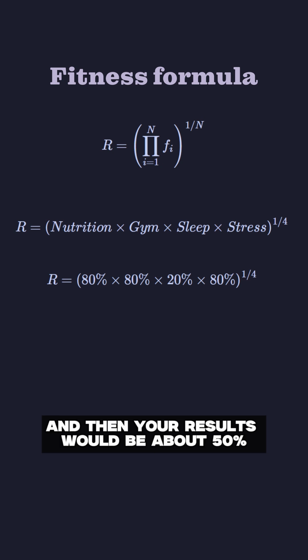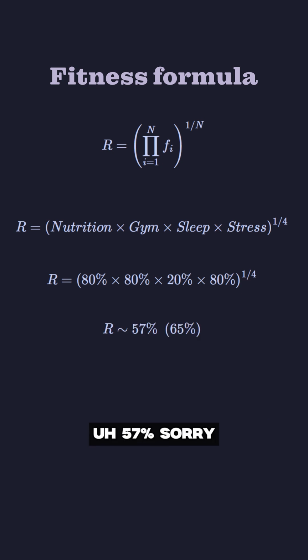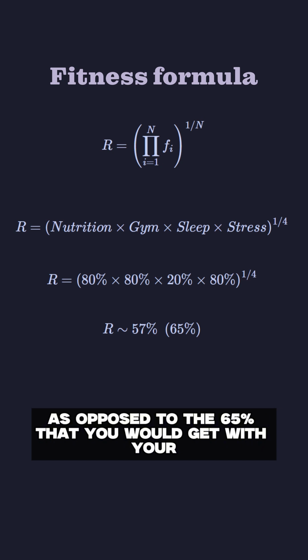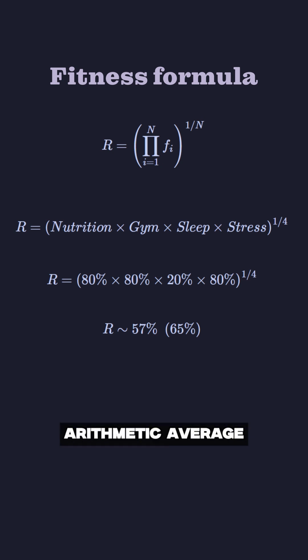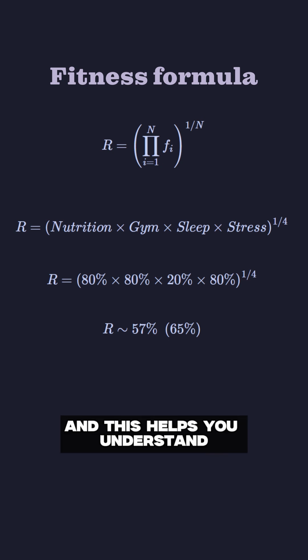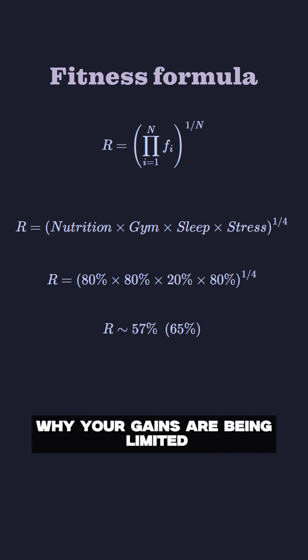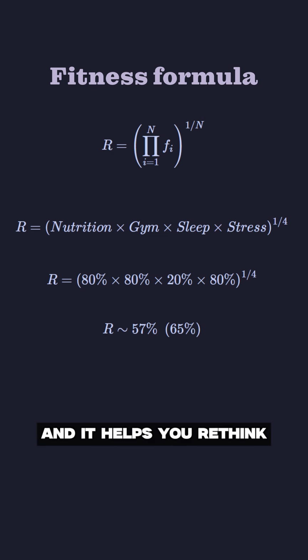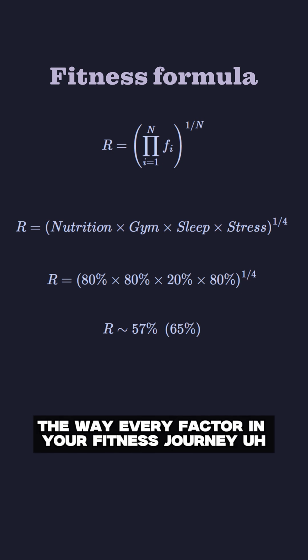Then your results would be about 57%, as opposed to the 65% that you would get with the arithmetic average. So you can see that the difference here is significant, and this helps you understand why your gains are being limited, and it helps you rethink the way every factor in your fitness journey has an impact.